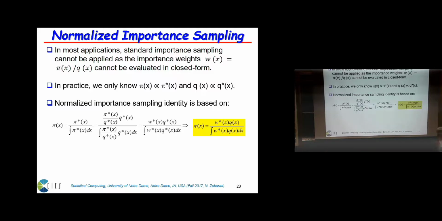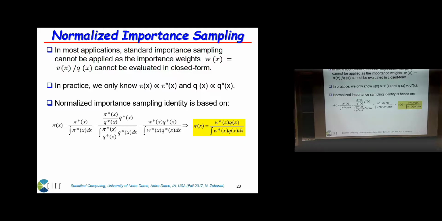How is that possible, that from not knowing how to normalize pi, we have an expression that involves unnormalized weights? It's possible because of just a little trick here, and it gives me this nice equation.